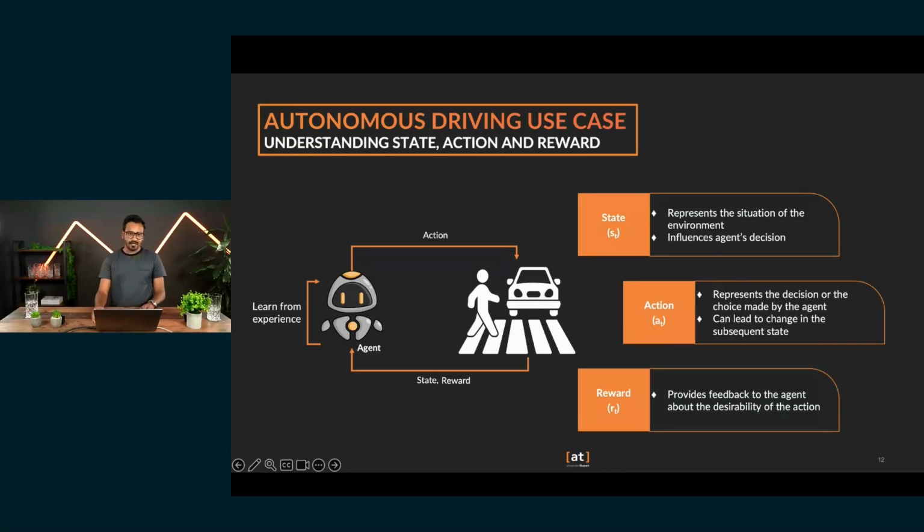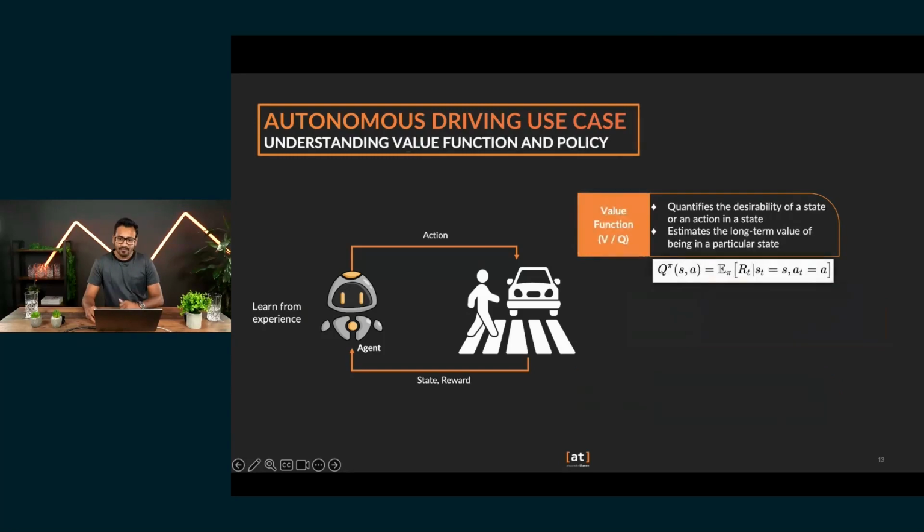What you see on the screen right now is one experience loop for an agent. An agent will collect thousands and millions of such experiences in order to learn the best way to behave in a particular situation and what type of action it should take in different situations. Now, to help the agent learn and classify which are good experiences and which are bad experiences, we have something called a value function. What the value function does is it quantifies the effect of each action into a value.